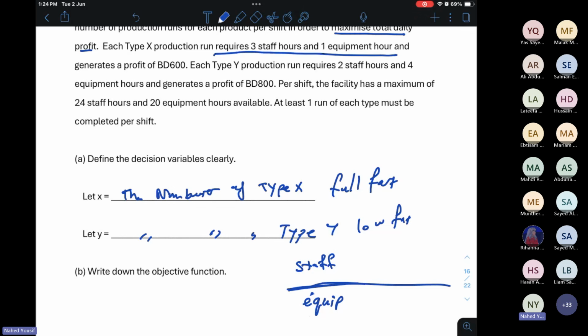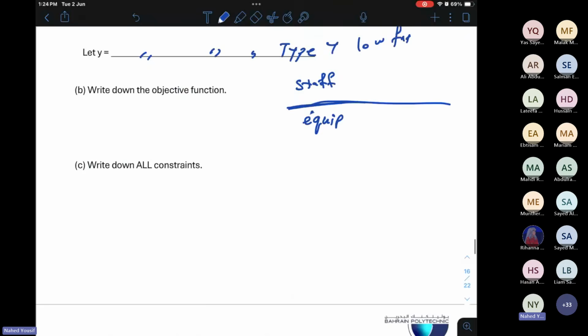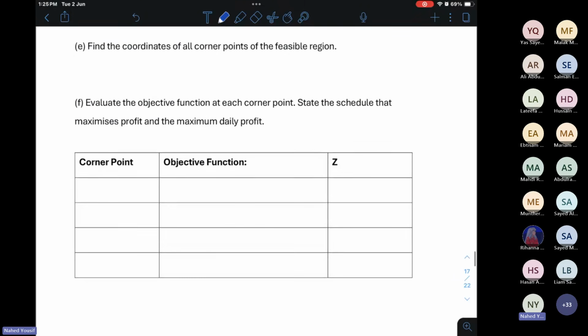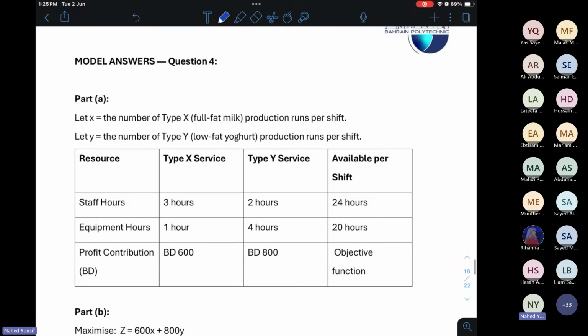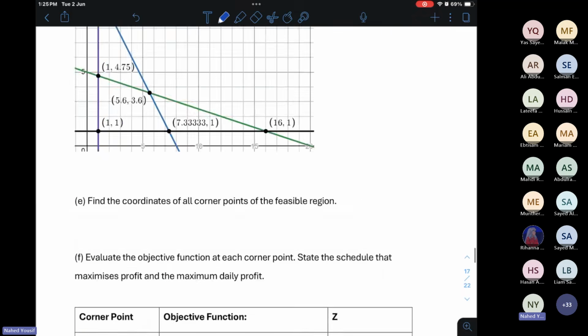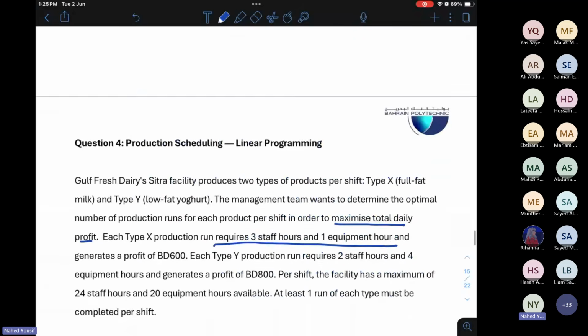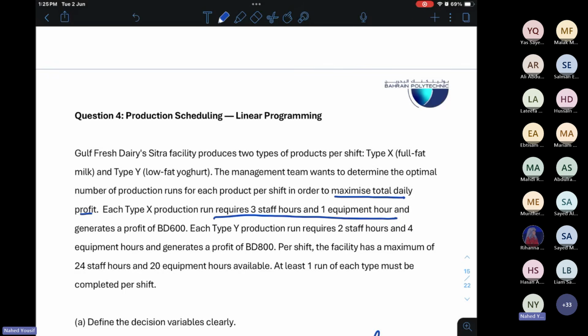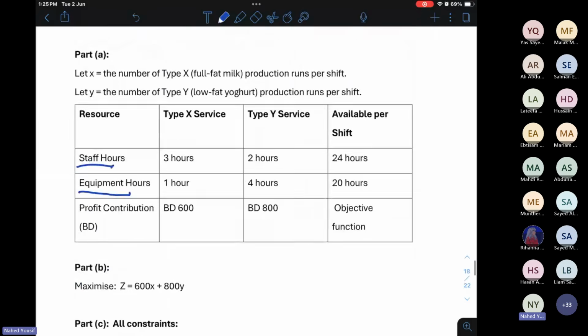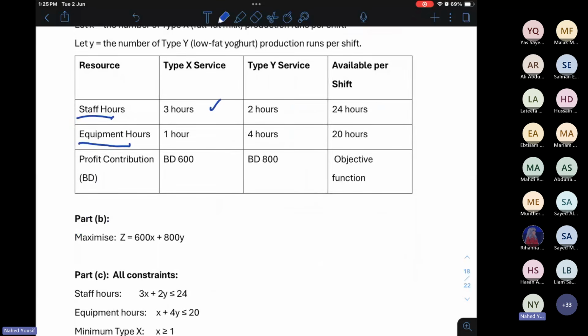So we have to build up a table to explain. We will provide a table here for the staff hours and the equipment hours. For X, we are requiring 3 staff hours and 1 equipment hour, so we put 3 hours for staff and 1 hour for equipment.